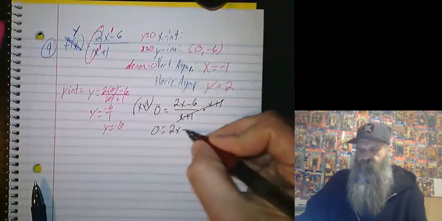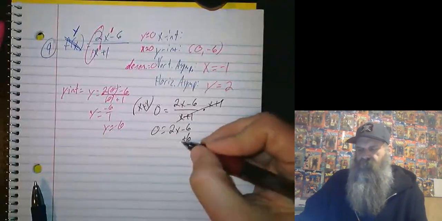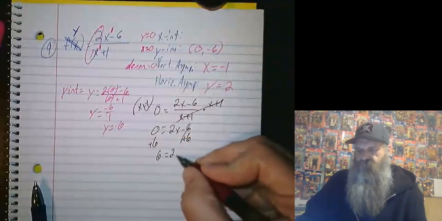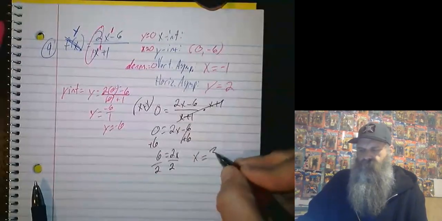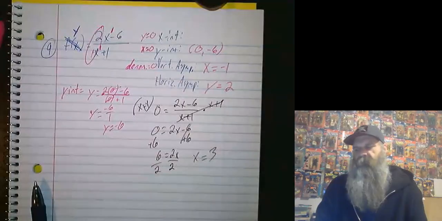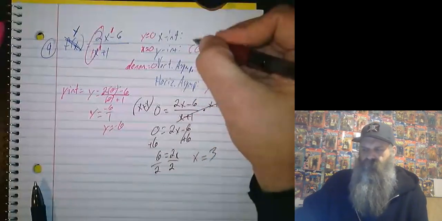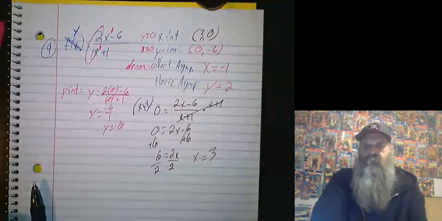So 0 equals 2x minus 6. Add 6 to both sides and divide by 2. So our x-intercept is 3, as an ordered pair, 3, 0.